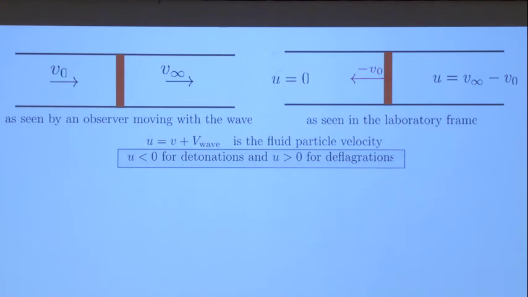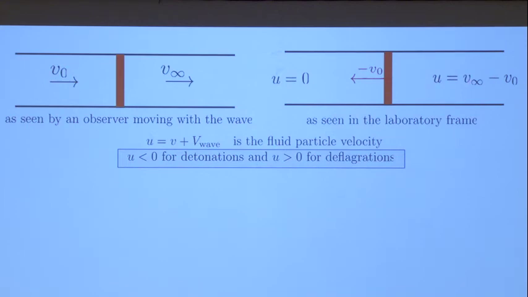On the right, the wave is moving to the left, which was the lab configuration. So in the lab configuration, since the wave speed is minus V naught, U is 0, right? So clearly the gas is quiescent, and on the burn side, U is V infinity minus V naught.